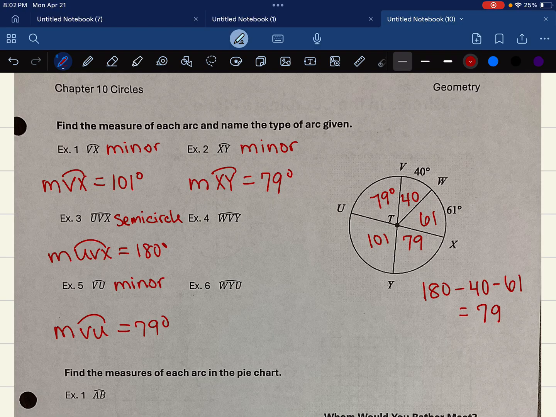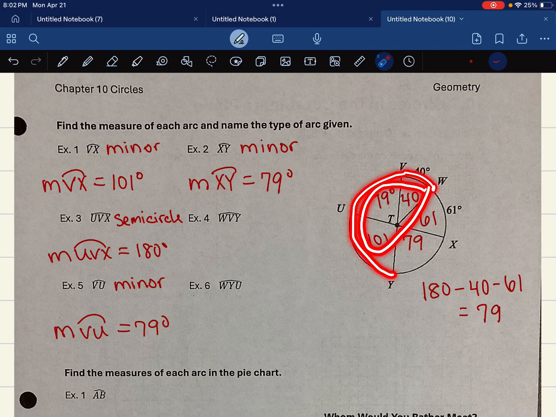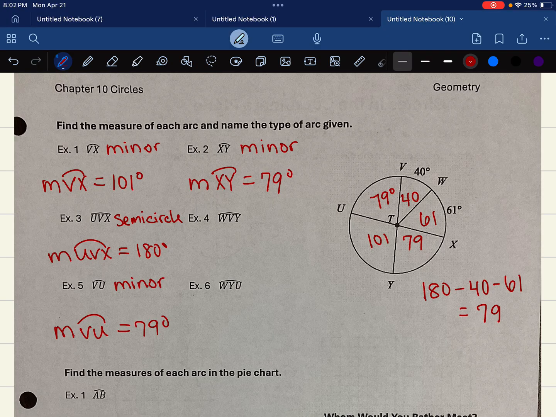Okay, example 4, we're going WVY, so W to V all the way to Y. So we need to add these together. We're going to add 40 plus 79 plus 101. We should get 220. So the measure of arc WVY is 220, which is greater than 180, so this would be a major arc.